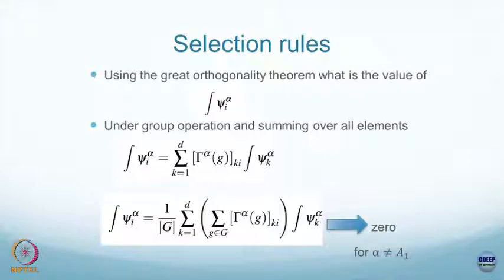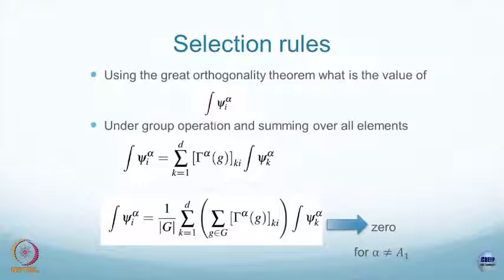It does not move from alpha to some other irrep. If it belongs to the E dimensional irrep, the rotation operation given by the 2 cross 2 matrices will only mix these two. It will not give you anything from here. Is that clear? And then I am summing over all the elements also.